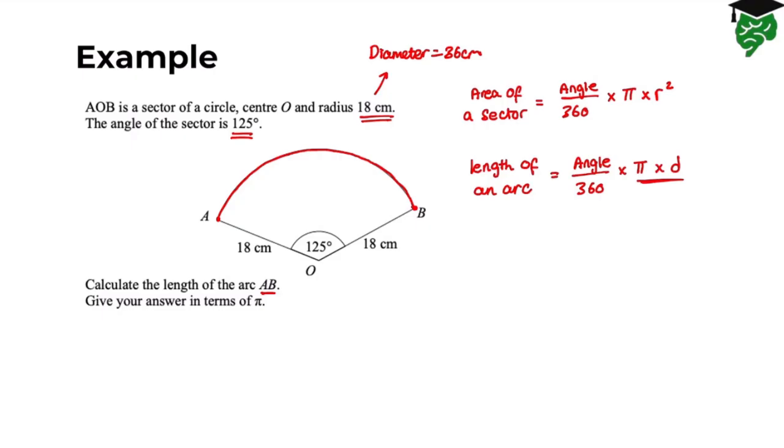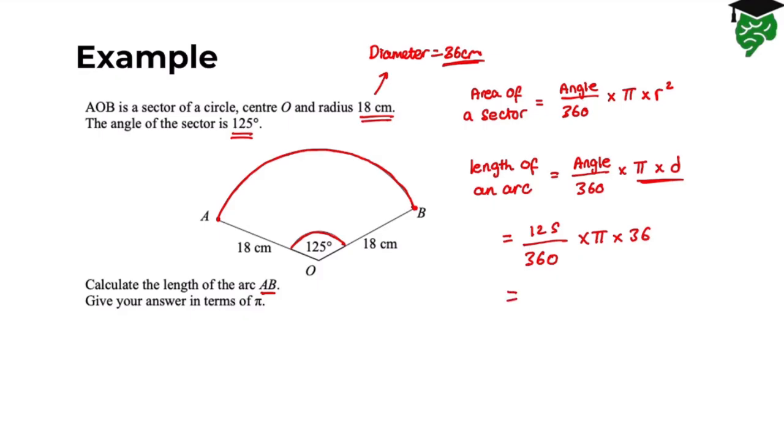The angle that we've been given is 125 degrees. So we have 125, divided by 360, multiplied by pi, multiplied by the diameter, which is double the radius, so 36.